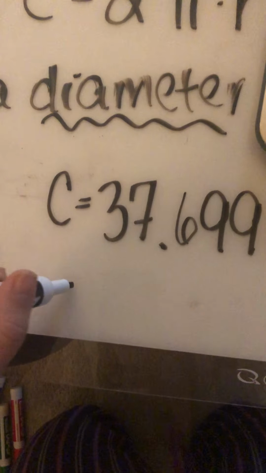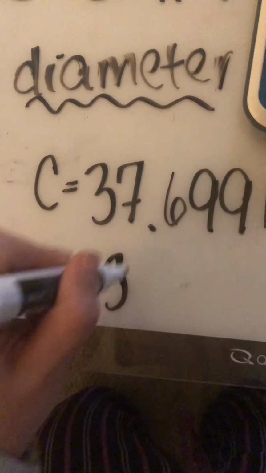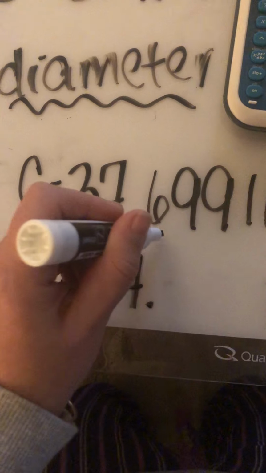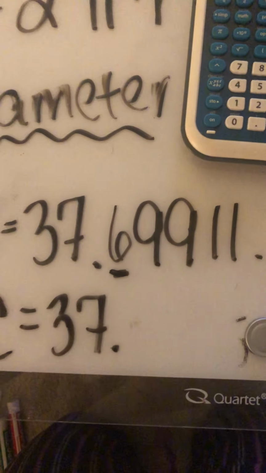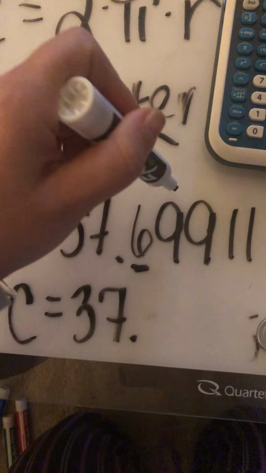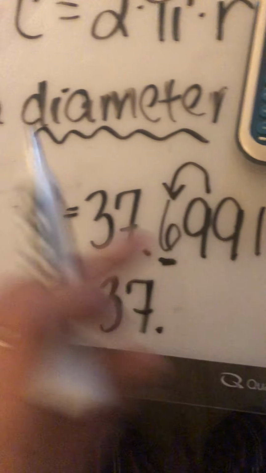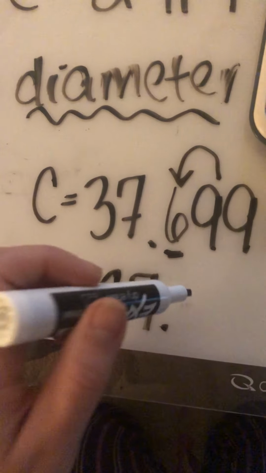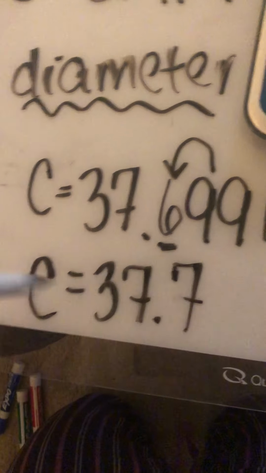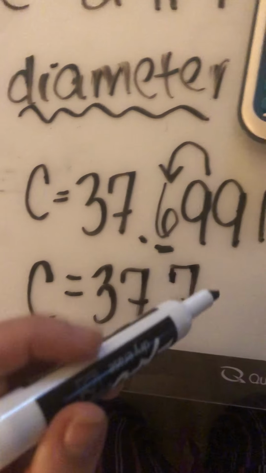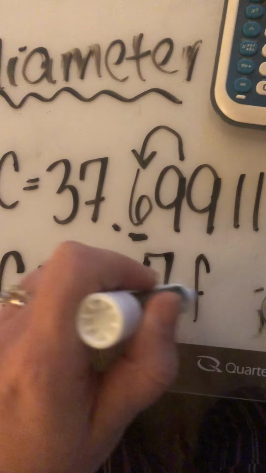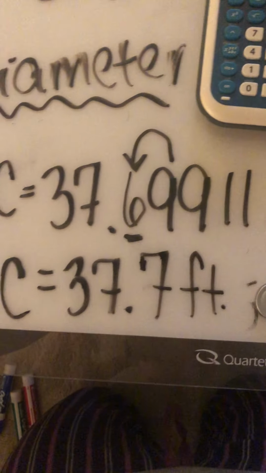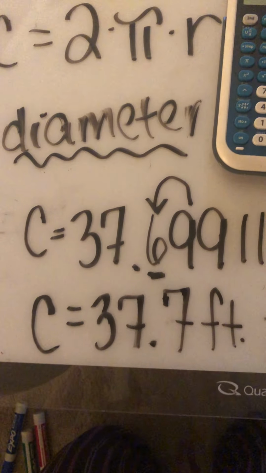So C equals 37 point, I look in my tenth place, that's the first digit after the decimal. The number next to it tells us what we do to that number. So since it's 5 or more, since it's a 9, we bump this number up by 1. So we make it 37.7, and I'm going to use my units, feet. Okay? For circumference, we keep the units the same.